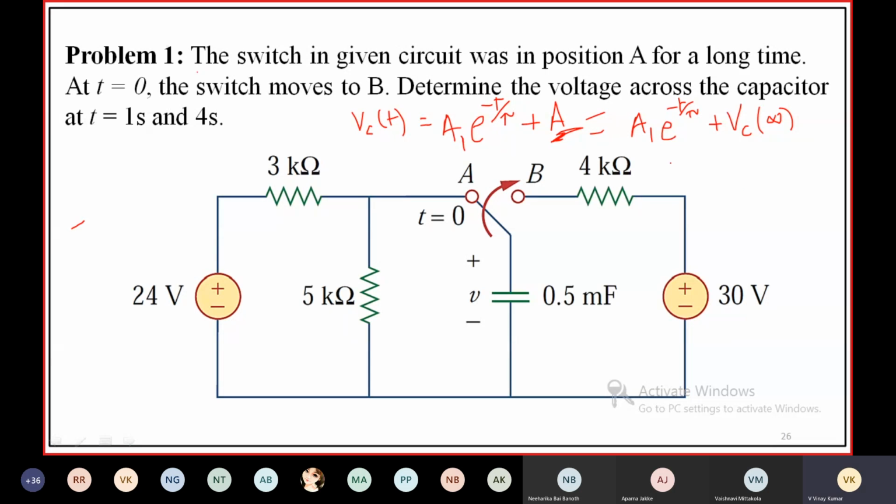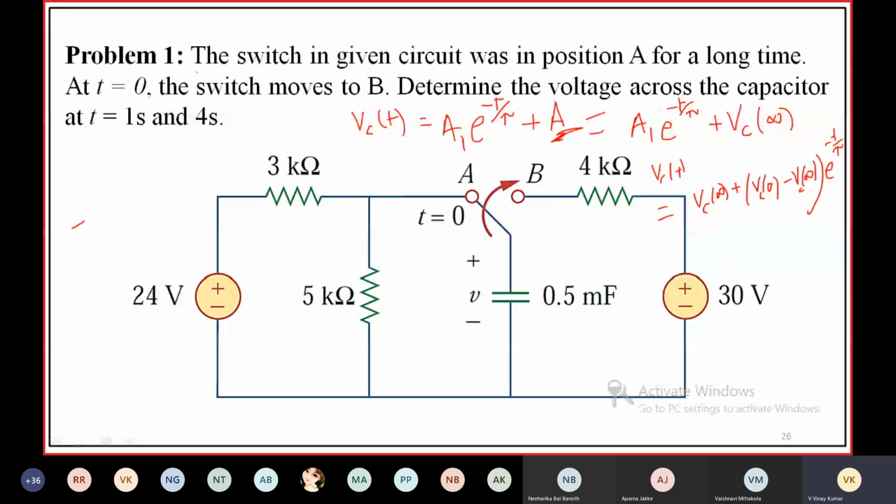You can also use the general expression: Vc of t is equal to Vc of infinity plus Vc of 0 minus Vc of infinity into e power minus t by tau.